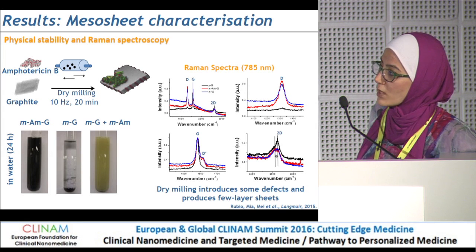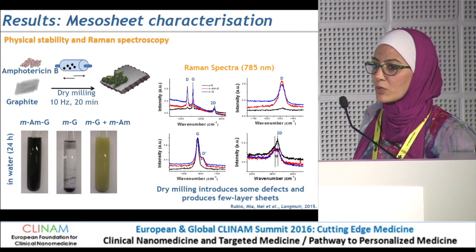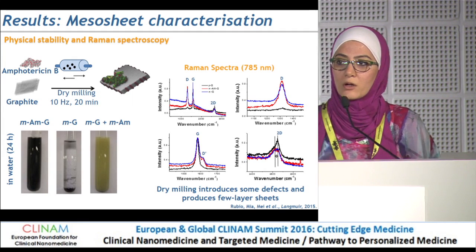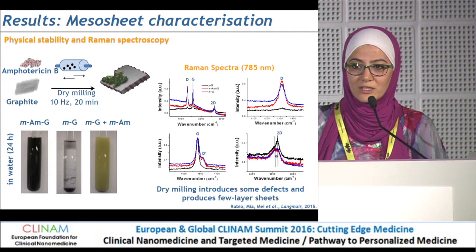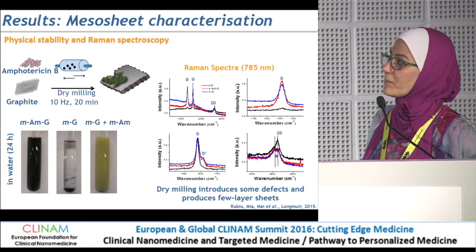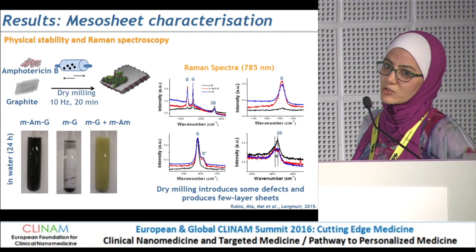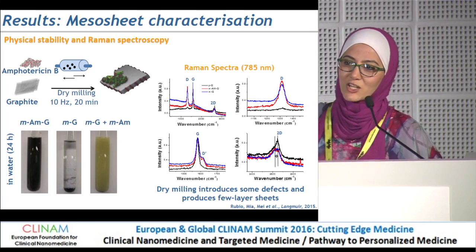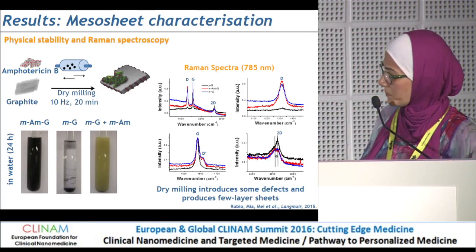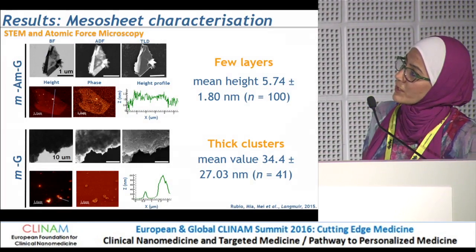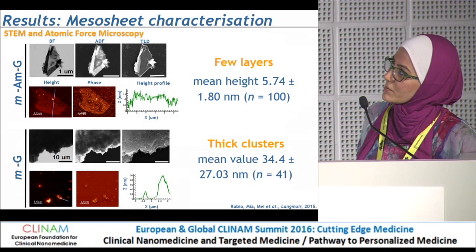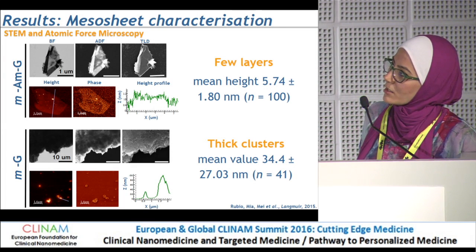We're forming few-layer graphene compared to the graphite. So we know that by doing so, we are able to reduce the size of the graphite into few-layer graphene, but we're also introducing some defects. So we cannot make pristine graphene; it's graphene with some defects. So far, we don't know much about the size of this material, so we call them mesosheets afterwards.